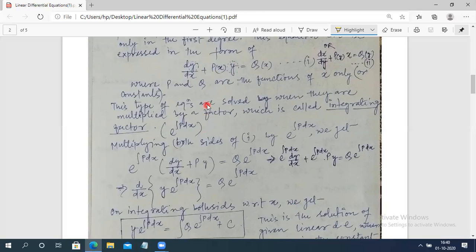By multiplying with the integrating factor, we get the general solution directly without any elimination or substitution, which we did in the previous cases of variable separable form and homogeneous form.